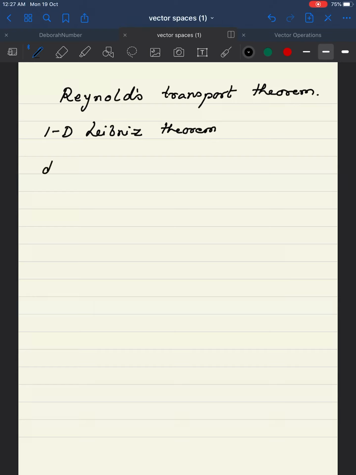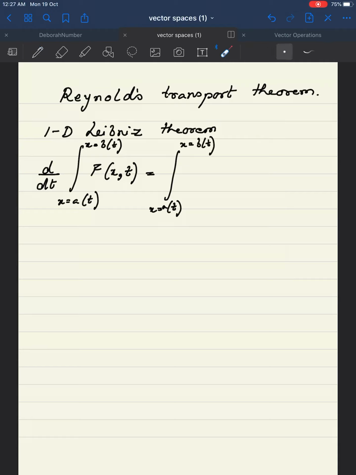says that if you have the d/dt of, and this is in the book itself, I think. This is similar to what we have seen before when I was looking at some of the mathematical preliminaries, the only difference being this f now here is a function of two variables.